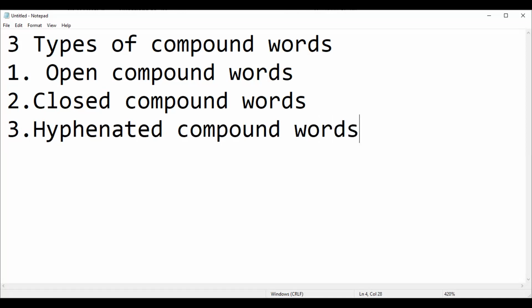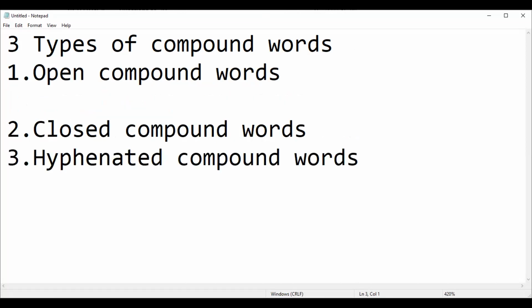So if you close the open compound words, it might mean a different thing. Open compound words, the examples are, can you think of anything for open compound words? So something like post office. This is one word, but it has a gap in between.